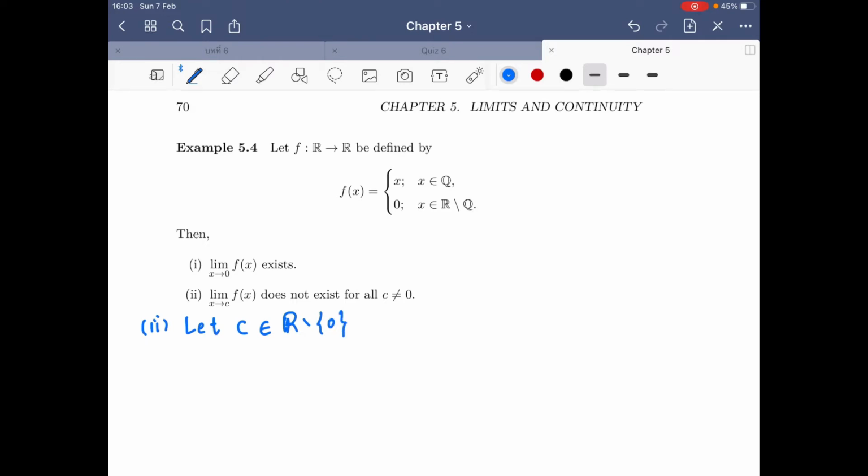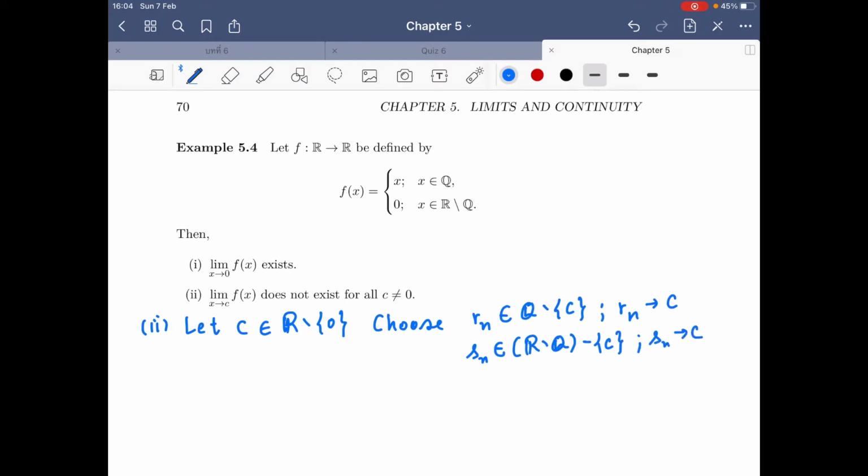All right, and then again choose your Rn, which is rational except c, and Rn goes to that particular point c, and your Sn, which is irrational except c, and Sn goes to c as well.